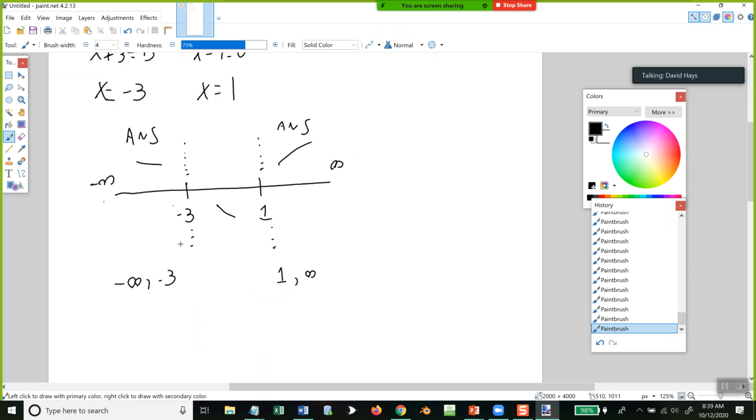So I'm going to put parentheses on these. Now infinities always have parentheses, so you're fine there. If you got two or more intervals, you put a union symbol between them. And that'll be our answer. Questions on that one?